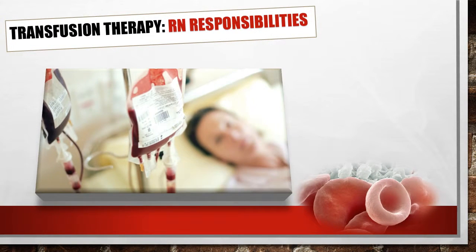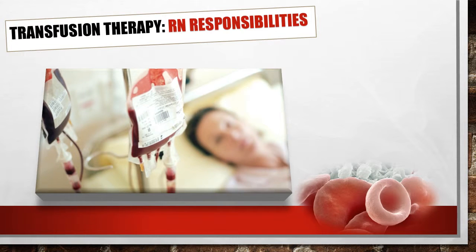Remember the RN responsibilities for a transfusion. You want to make sure that whether you delegate or you do it yourself, you take vital signs and check temperature immediately before starting the transfusion. You want to use normal saline as a solution infusing with the blood products. You want to begin the infusion slowly and remain with the patient for the first 15 to 30 minutes, as severe reactions usually occur with the first 50 mLs of blood.